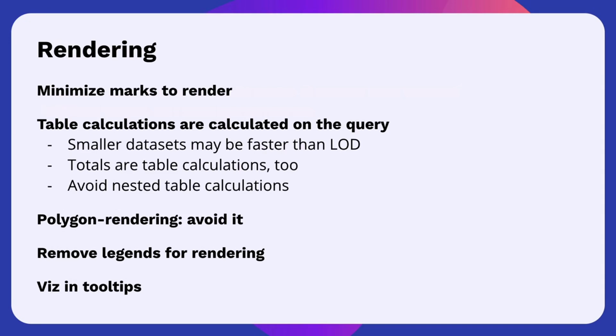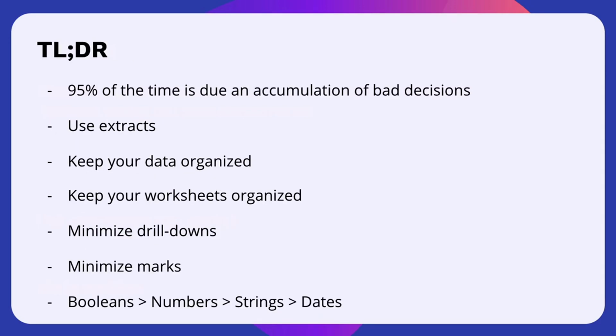But if you want to find a fast way to render a particular Viz in tooltip, what I recommend is you drag the sheet you are going to use for the Viz in tooltip onto your dashboard, even if it's not active somewhere, and you size it to about 1 pixel by 1 pixel, and you just set it off to the side on your Viz so it really can't be seen. It'll actually improve the render time for it because Tableau is going to do the query ahead of time, and it just speeds up that whole process.